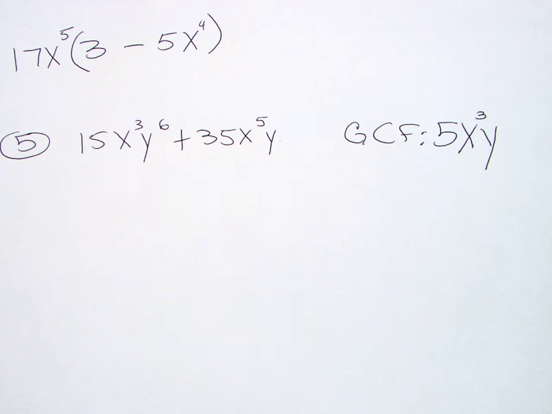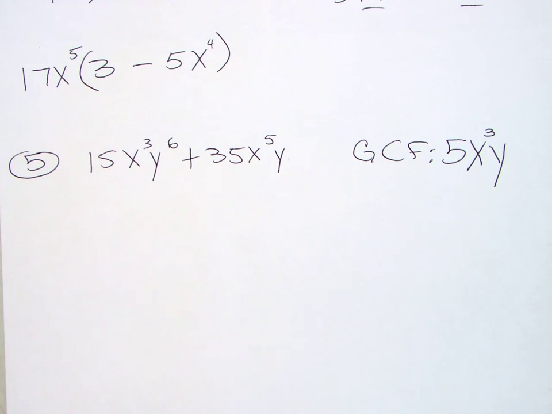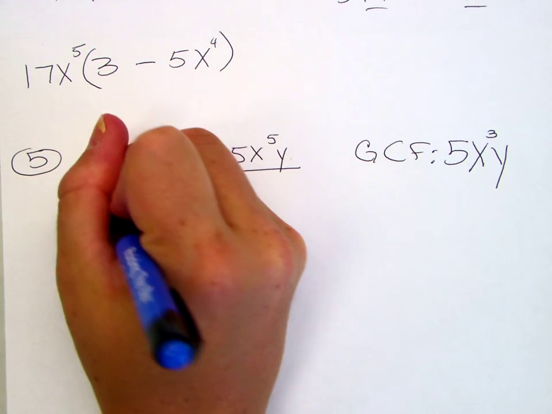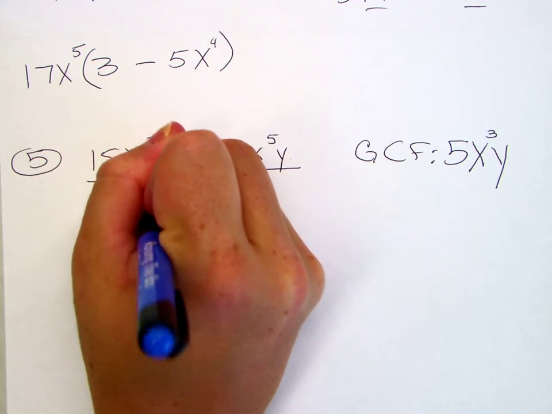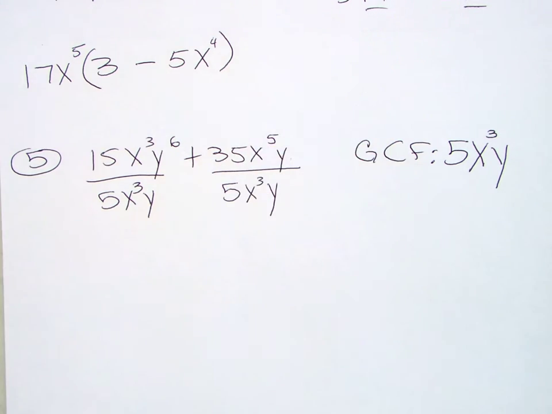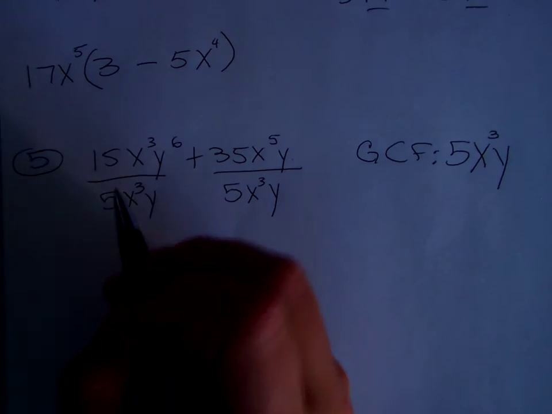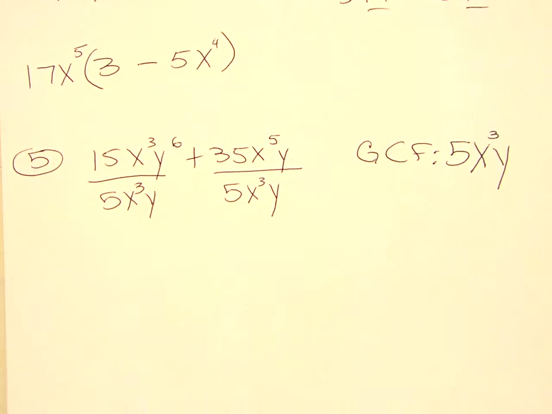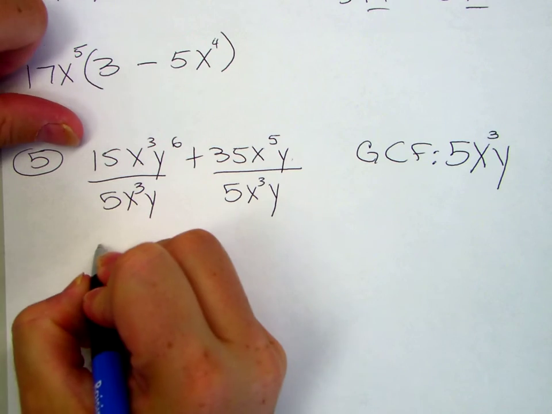That's our GCF. So now reverse distributive property. So we divide 5x cubed y. Divide, sorry, my light went off. 15 divided by 5 is 3.